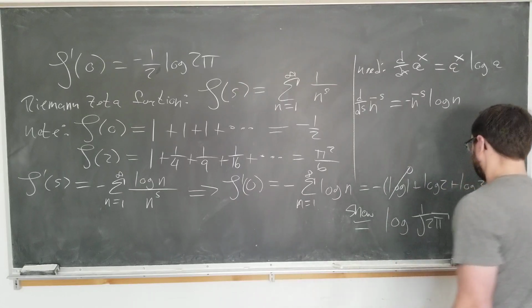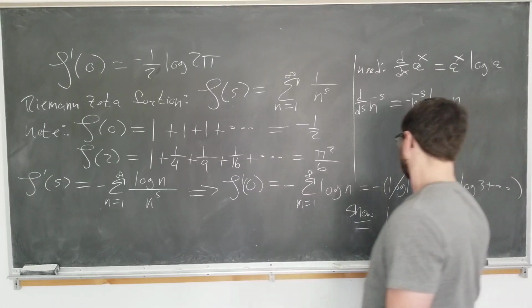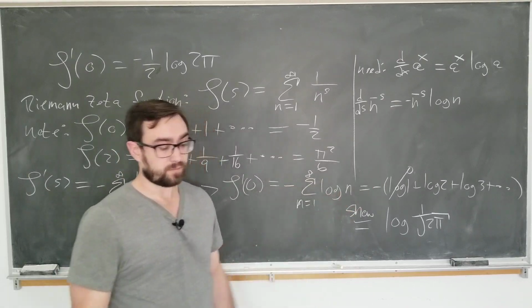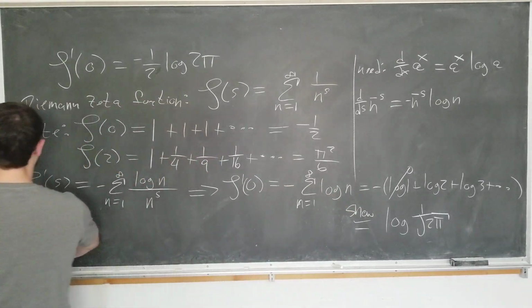So it's cool that 2 pi comes in. It's not really surprising that there's a log in the final answer because we're summing up logs. So that's good. We'll be showing that today.